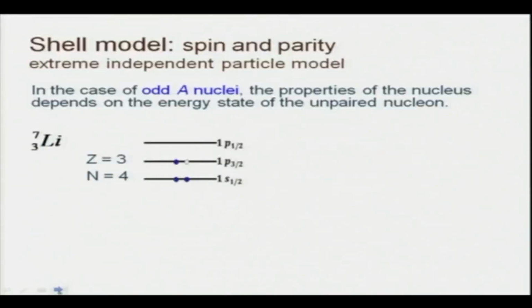Especially this model is successful with odd mass numbers. Either the proton or neutron number is even and the other number is odd. Okay. So, especially the spin and parity of this is extremely well reproduced by the shell model.